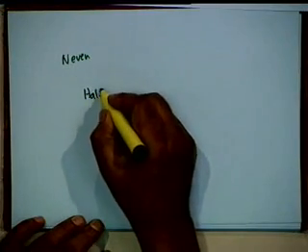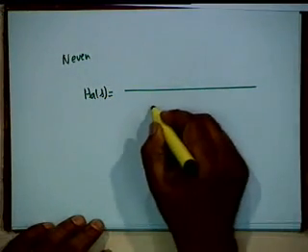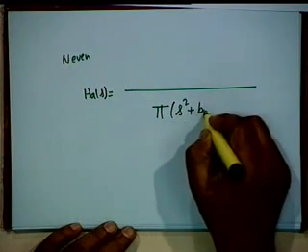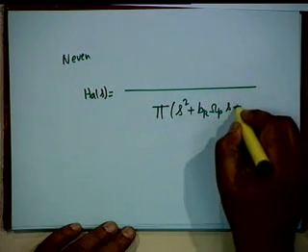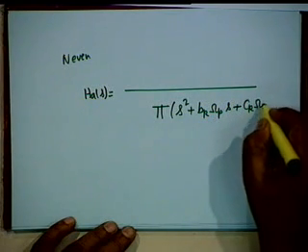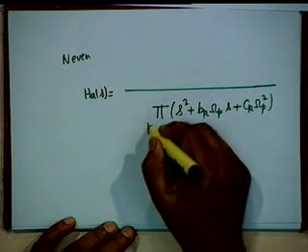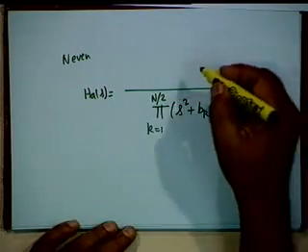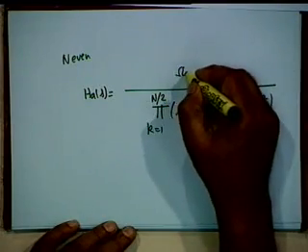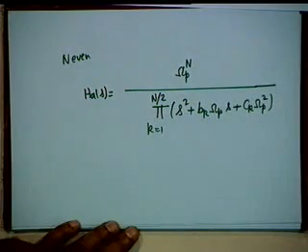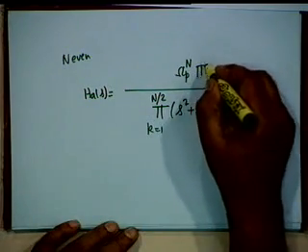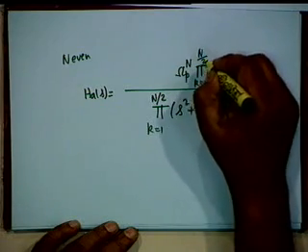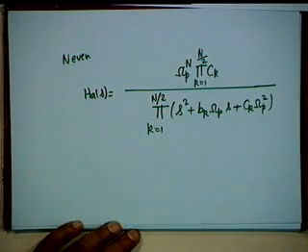then H_a(s) is equal to the continued product of s squared plus B_k omega_p s plus C_k omega_p squared, k equal to 1 to capital N by 2, and in the numerator we shall get omega_p to the power N, then continued product C_k, k equal to 1 to capital N by 2, all right.